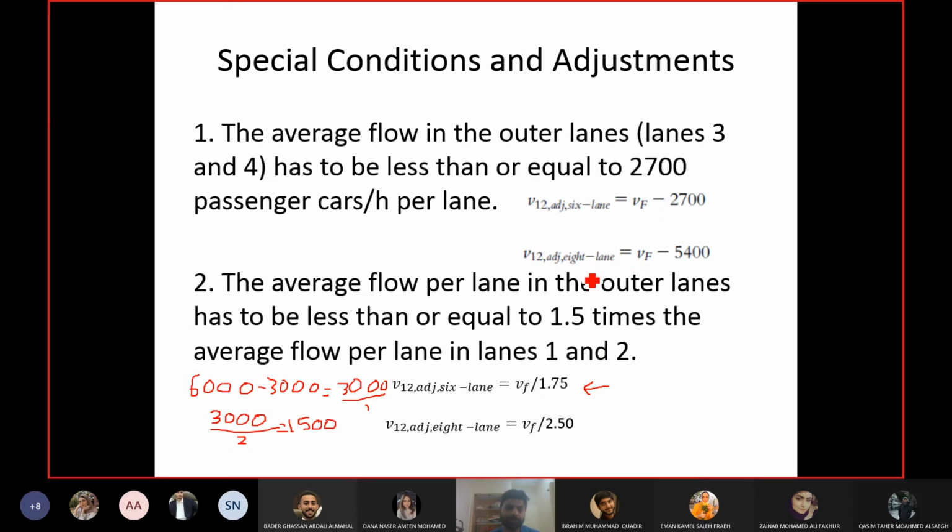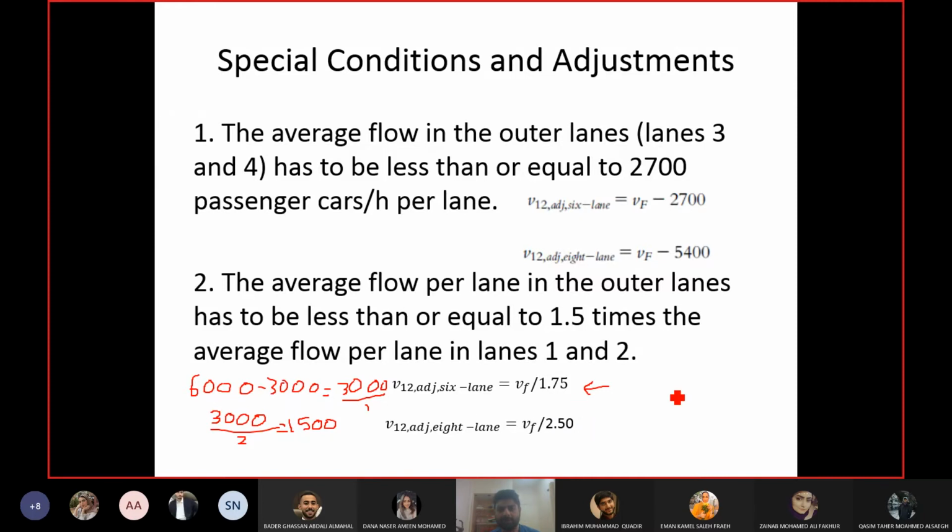Okay, so for example, if you calculate from here, how much will it be? Can you give me the value? So VF will be 6,000.